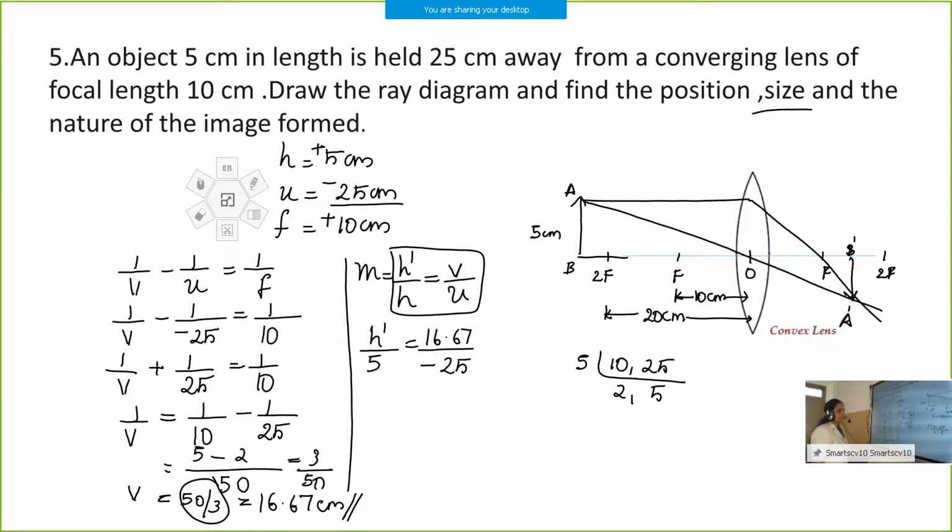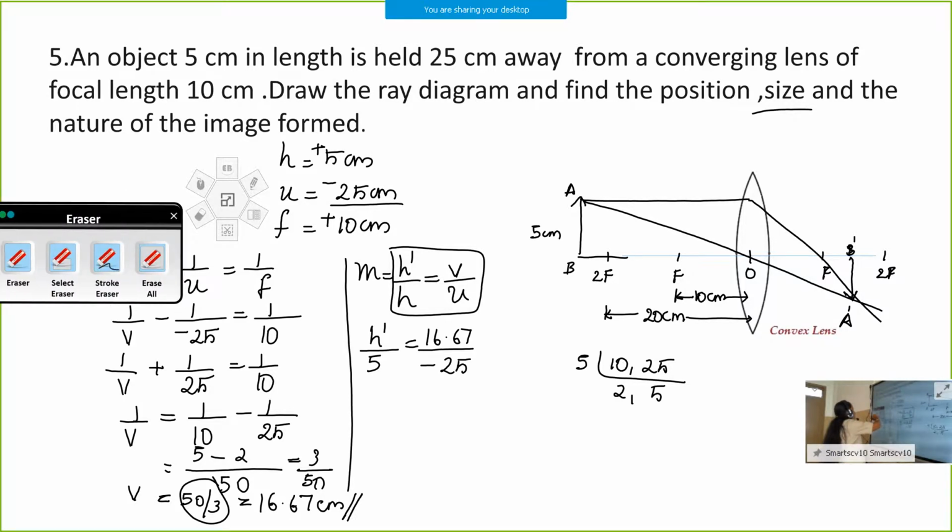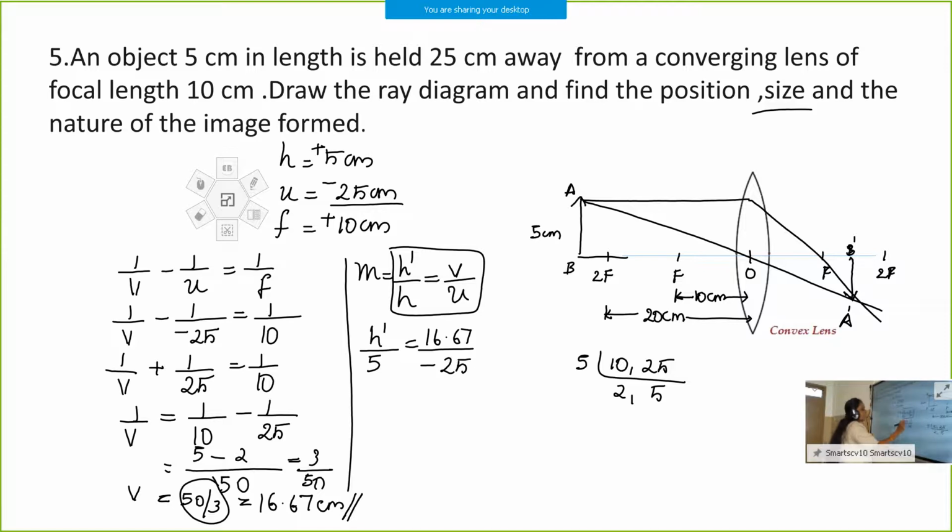Okay. 16.67 by 25, it will be difficult for you to do the calculation. So you can substitute it as 50 by 3 also. So I am substituting it as 50 by 3.